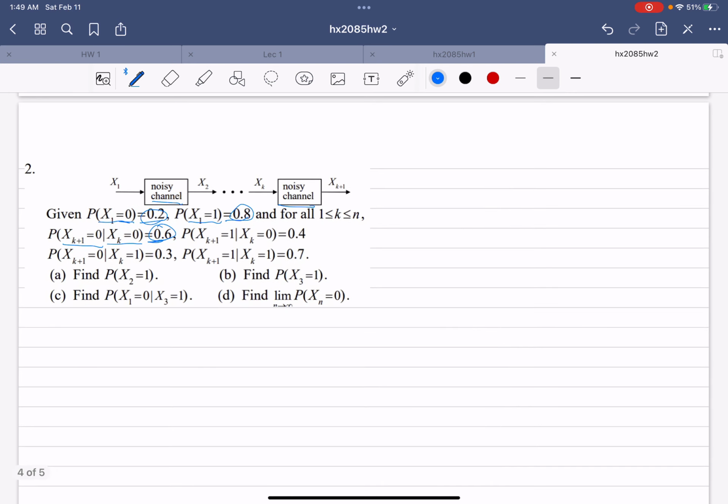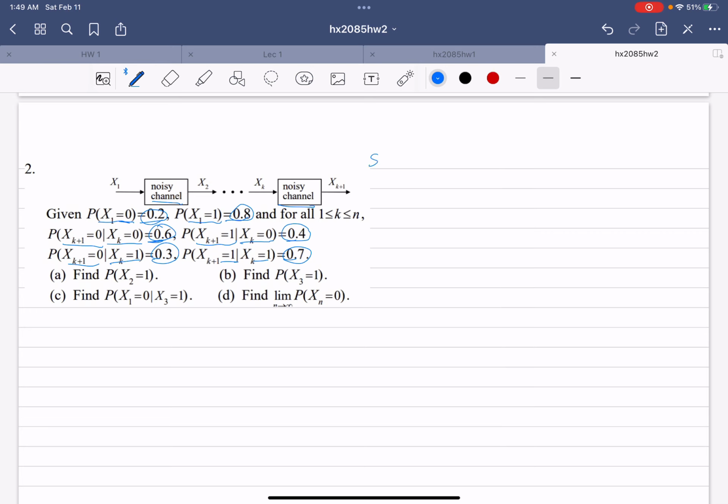Like this, the probability that the input is 0 and the output is 1 equals 0.4. The probability from 1 to 0 equals 0.3. The probability from 1 to 1 equals 0.7.